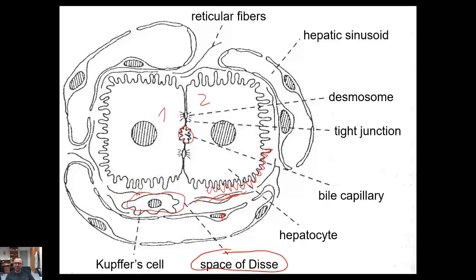And another type present here, not only Kupffer cells but also Ito cells can be here. Two types of cells can be present in the space of Disse. And this is the space through which all the substances can pass or must pass when transported between hepatocyte and blood.